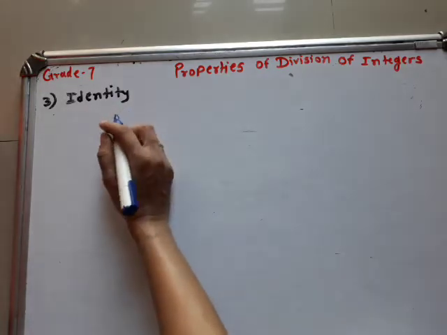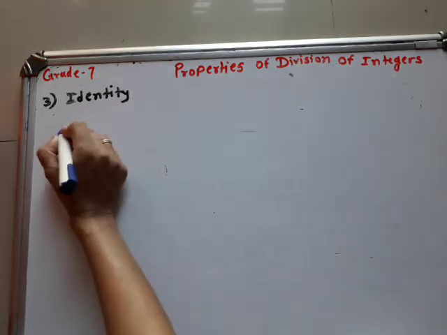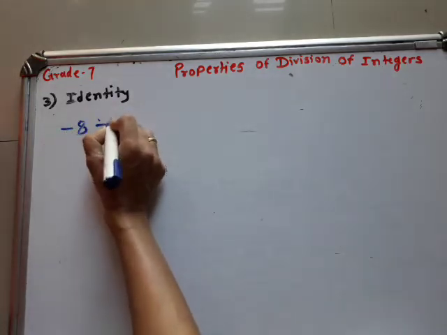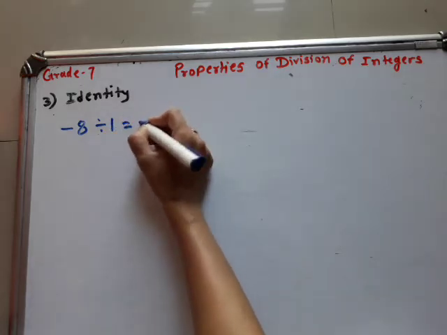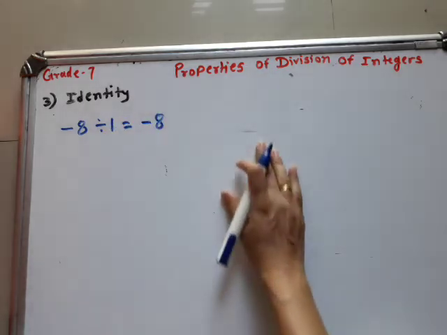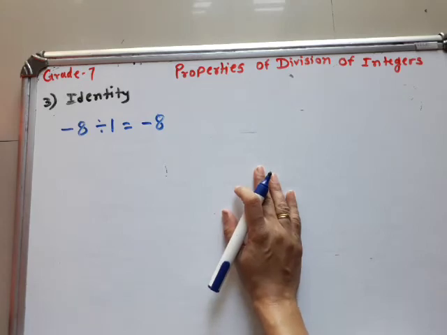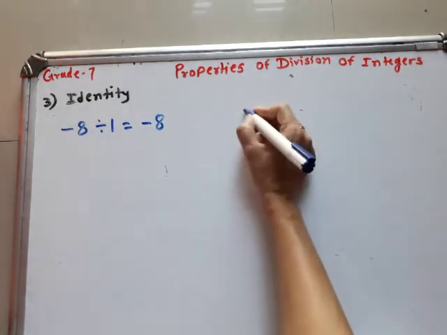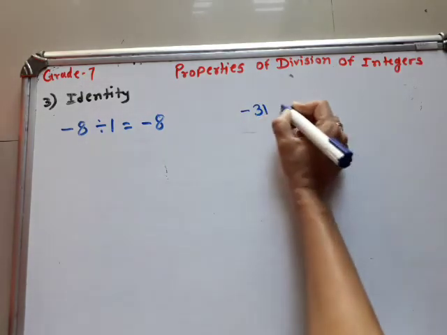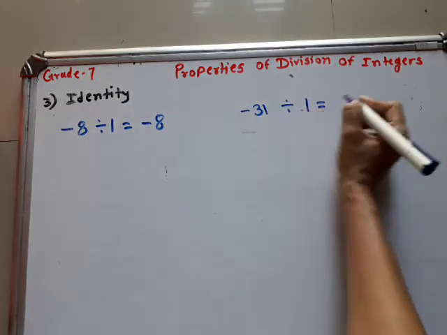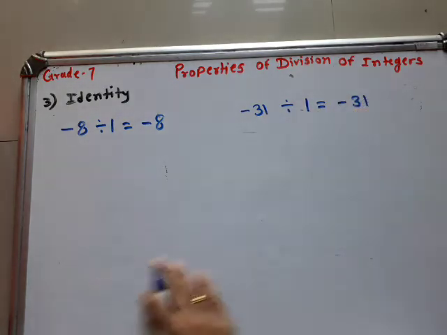Now we check for integers. Suppose minus 8 divided by 1, we get again minus 8. Then suppose we take minus 31 divided by 1, we get again minus 31.